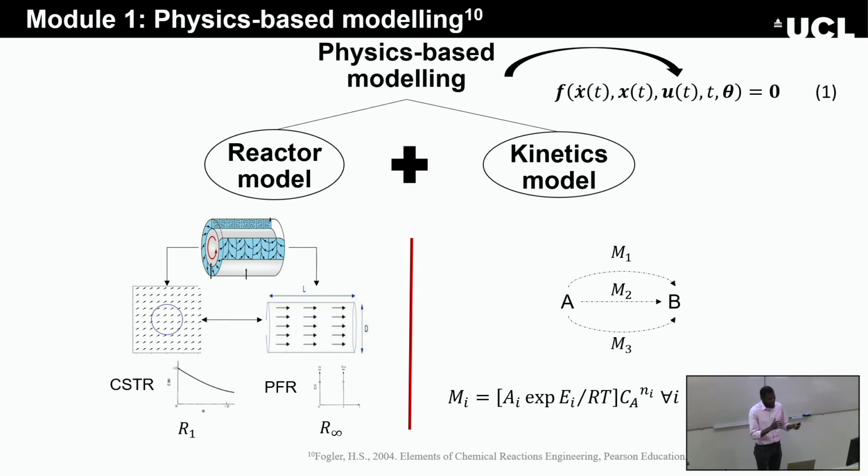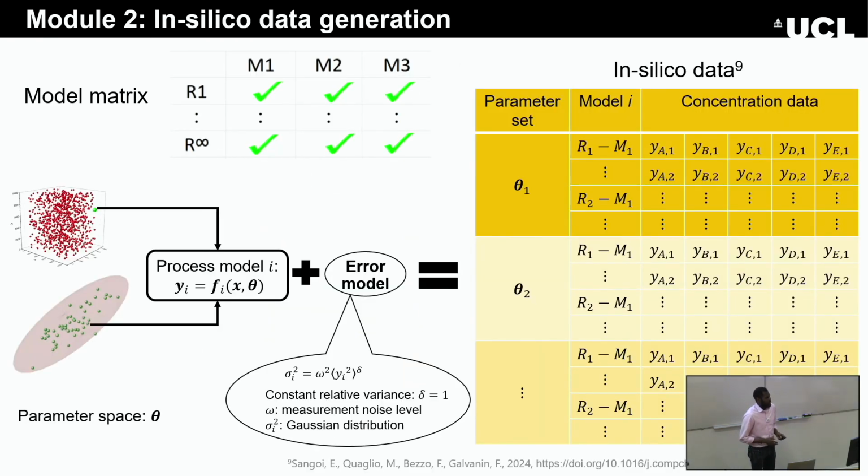And by the time we combine both the reactor model and the kinetics model, we come up with the physics-based model that is generally formulated using differential and algebraic equations as shown in equation 1. So once we have different reactor configurations combined with different kinetic models, we will be able to come up with a model matrix.